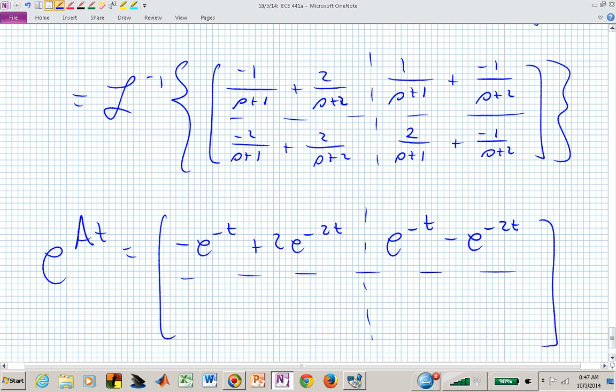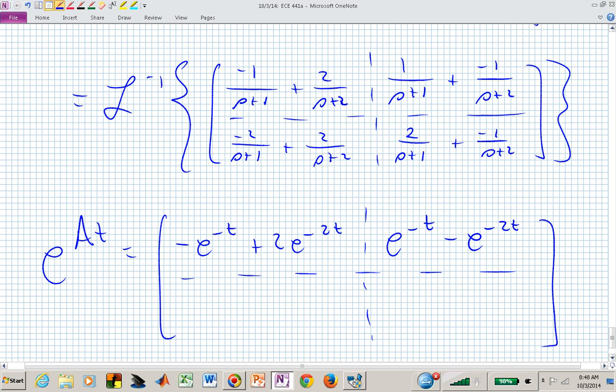Meaning, this state transition matrix tells you how your system evolves from one time instant of your state to another. As t gets bigger, this tells you how you transition between, let's say, a position of 10 and a velocity of minus 1 to some new state value.